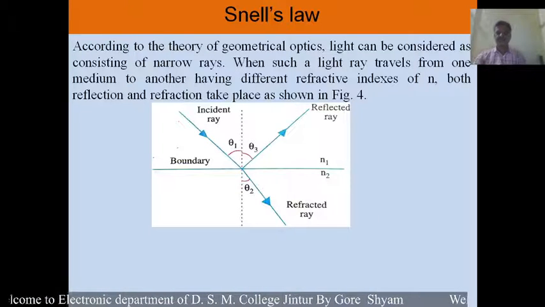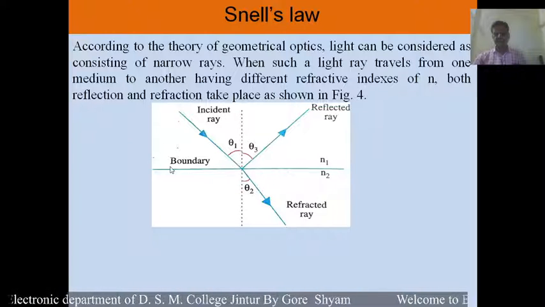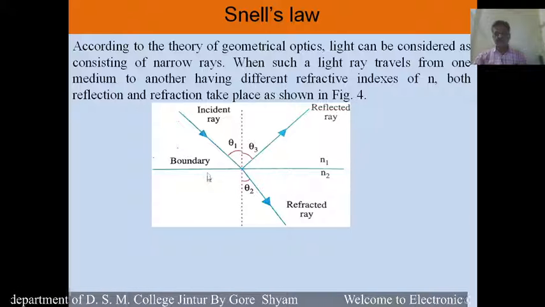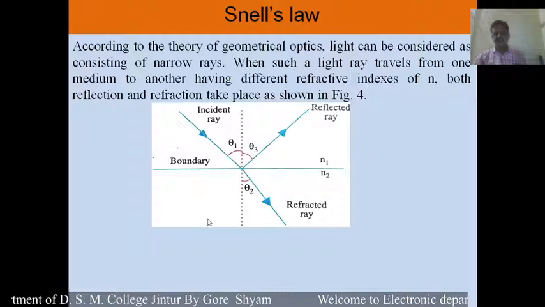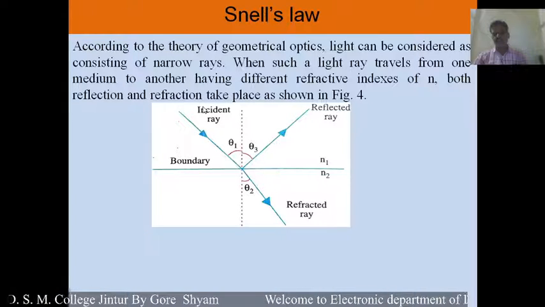Here in this figure, this is the boundary, and below this boundary there is one medium, and above this boundary there is another medium.